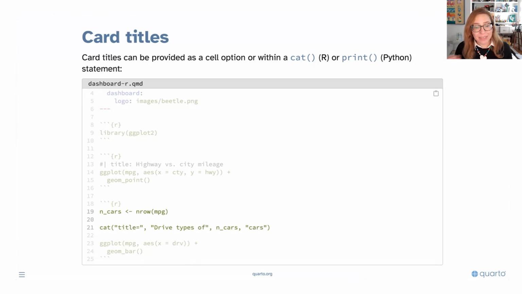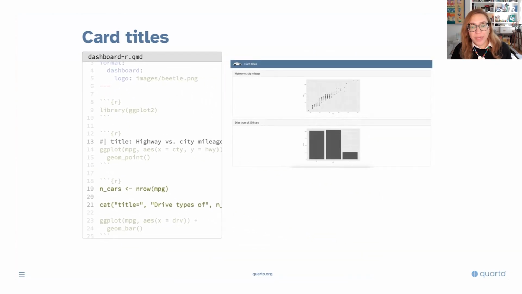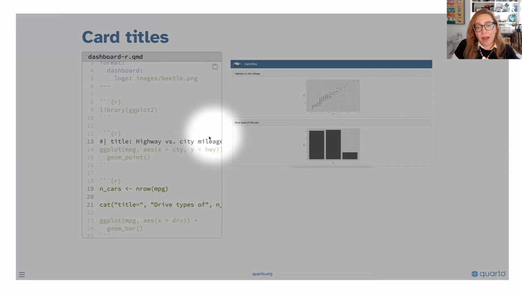Then we have some text, drive types of, and then we're basically pasting together the number of cars that's calculated and then followed by the word cars. So we can see that in the first cell, the highway versus city mileage appears as a title, and in the second cell, the number 234, which is the number of rows that's calculated, is being used in the title of the cell.